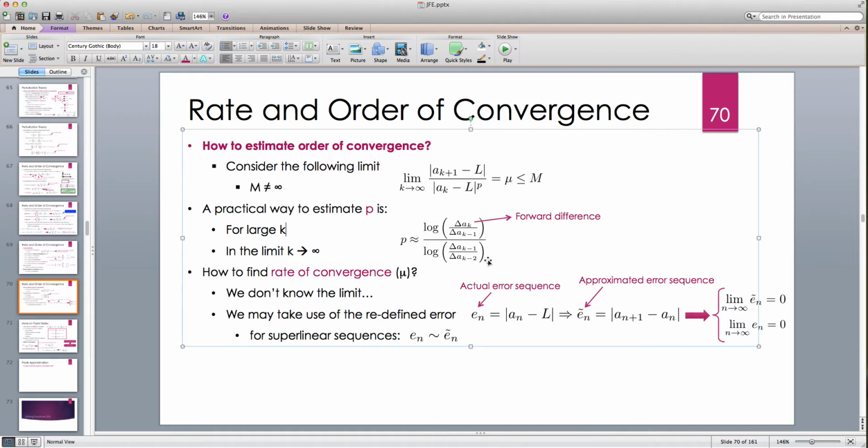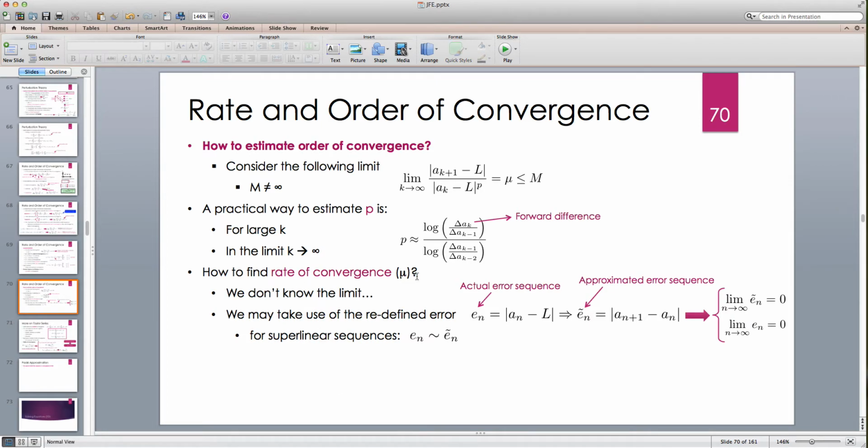We're calculating this new sequence. This is basically a transformation on the sequence a_k, and as k goes to infinity, this ratio converges to p. So this is one practical case. We just make k very large and see where it converges to, and that's p.